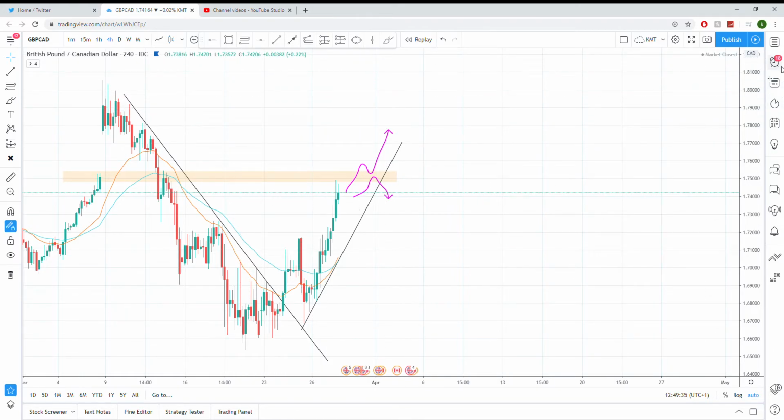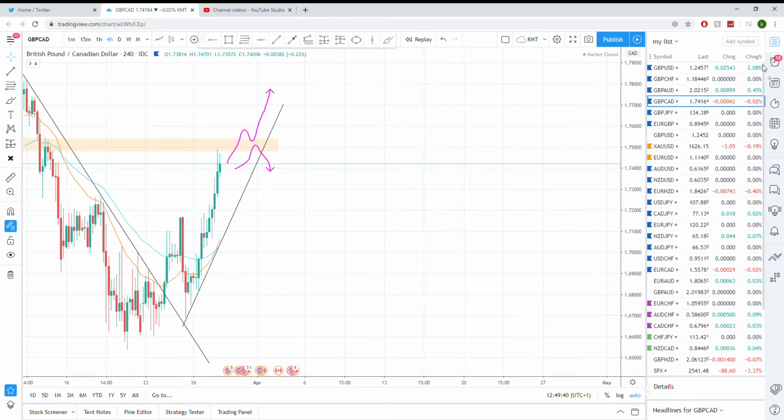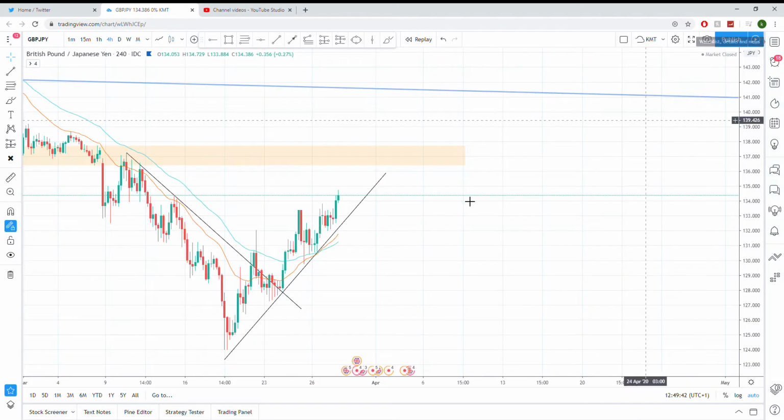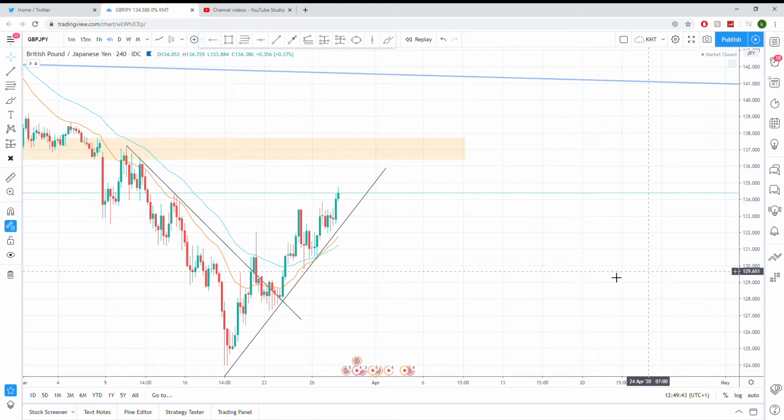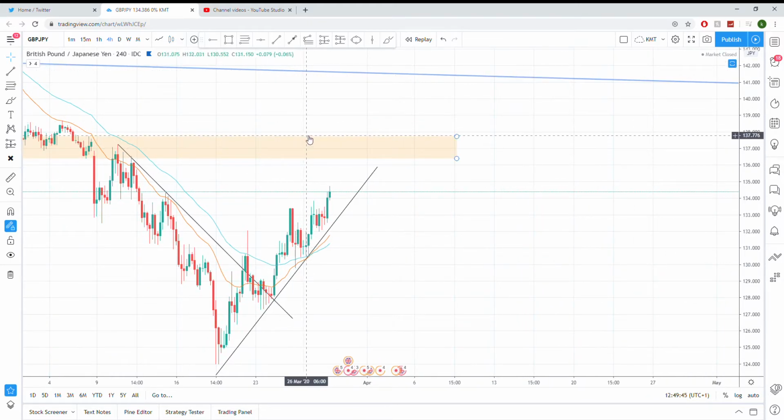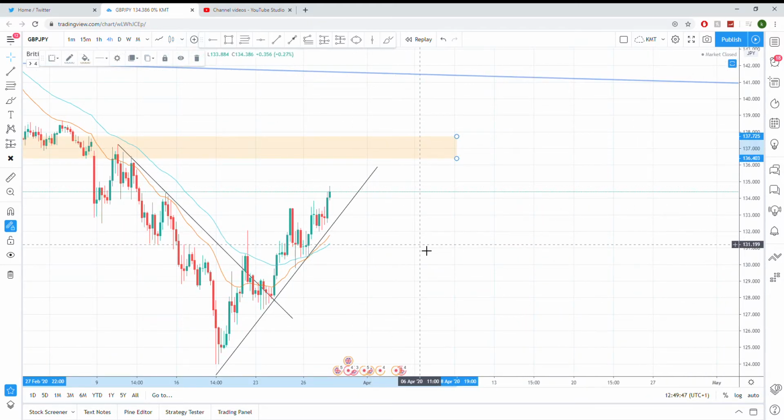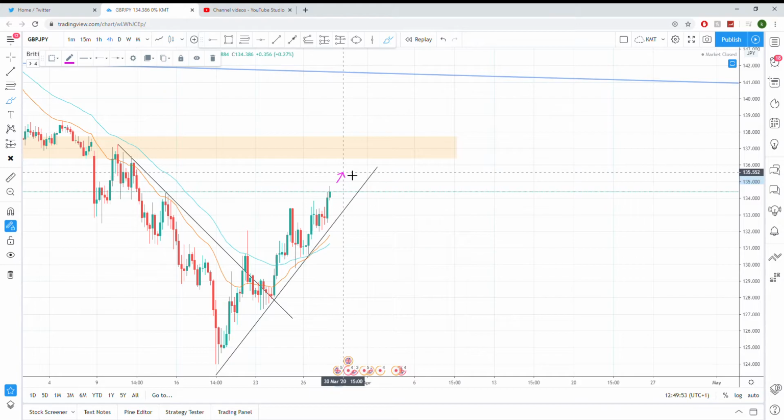Okay, so moving on to our next pair, GBPJPY. Again, pound pair is still pushing up, so paying particular attention to this area, 136.4 to 137.7. If we can find and continue our momentum to the upside, that's what we'll be focusing on again.